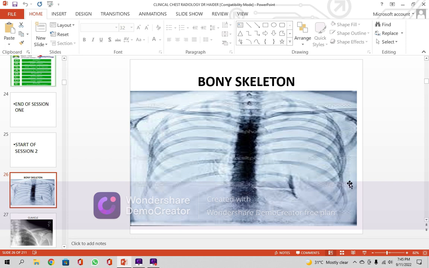This is the rib cage. We have to see anything in the bony skeleton, including the ribs. These are the ribs. This is the clavicle. And this is the spine. Here slight scoliosis is seen in this case.